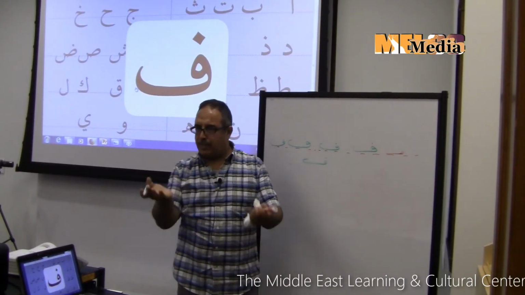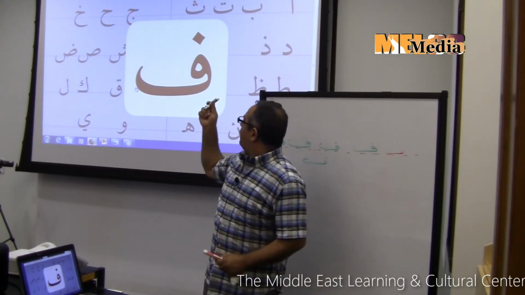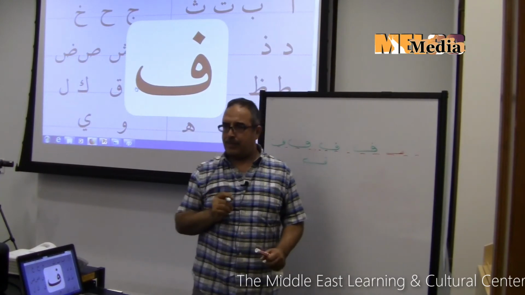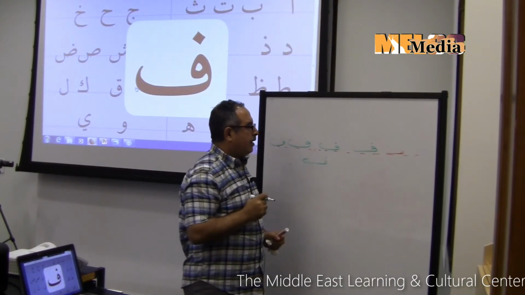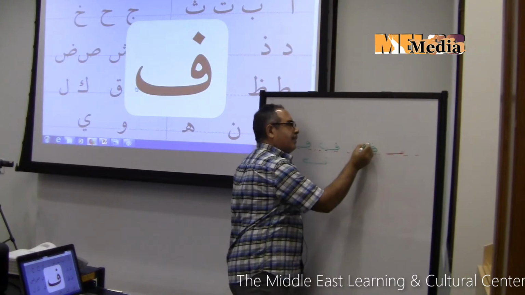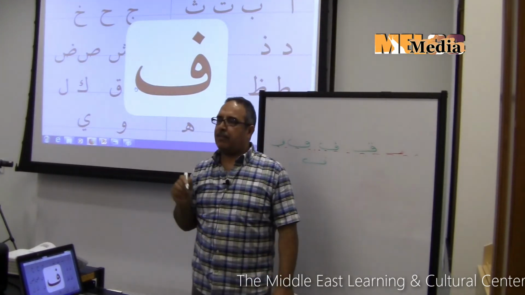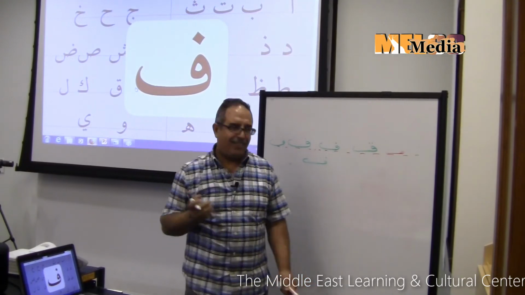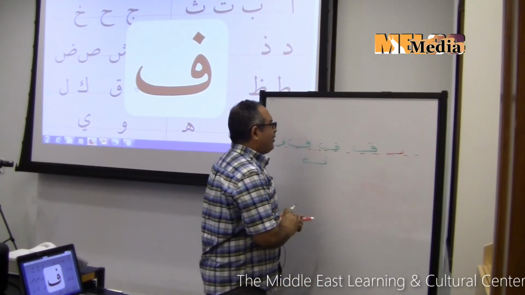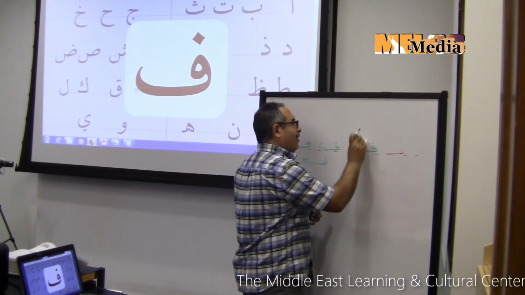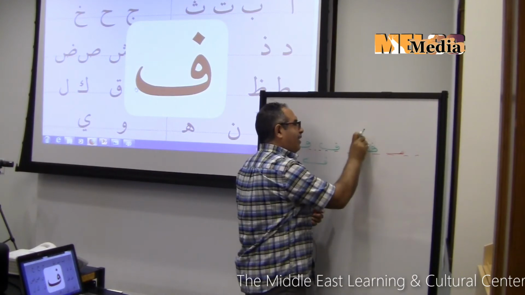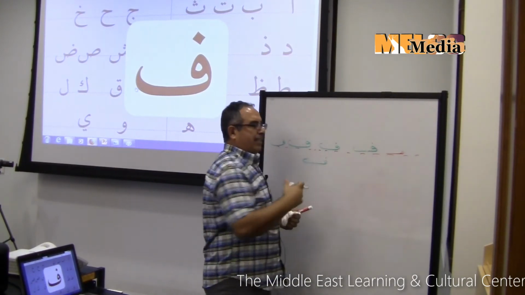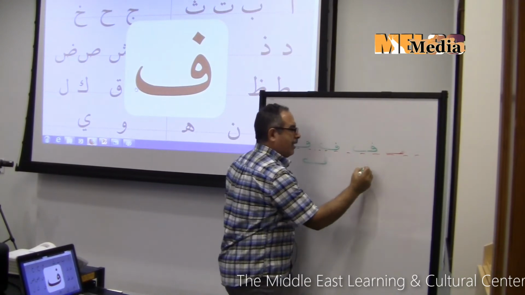You extend the base of the fa, just like you do in ba. Right? If we put two dots, it does not make it qaf. It will be a weird letter that we don't know. So fa with the extended base, it is written like that.